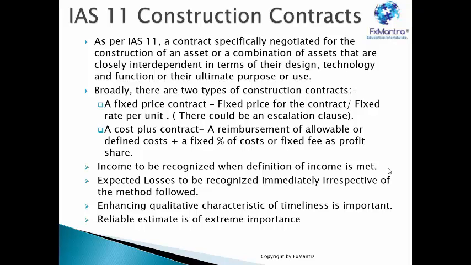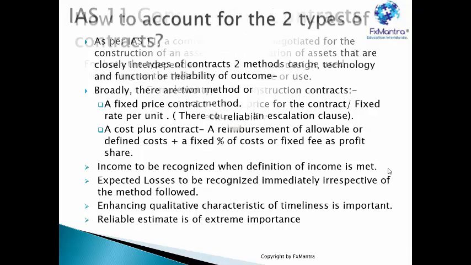If we do not do anything for a construction contract which is going on for 5 years, then we do not know what is happening in the contract. This is the reason we use the IS 11 method of accounting, and a reliable estimate of your revenue and cost is of extreme importance for this particular accounting standard.